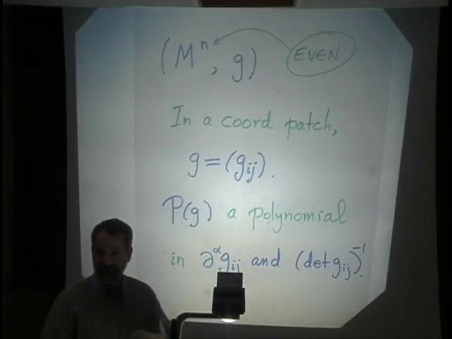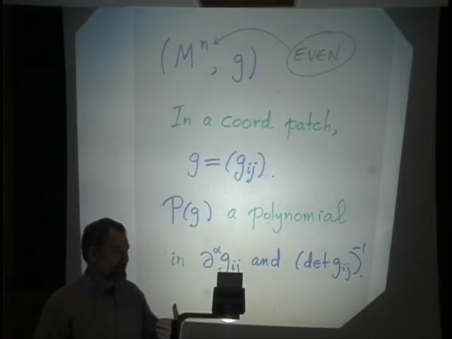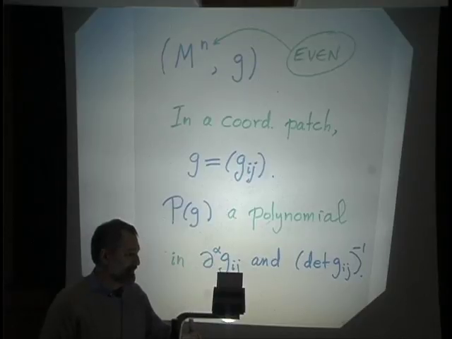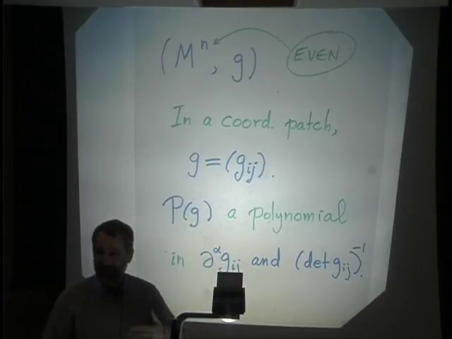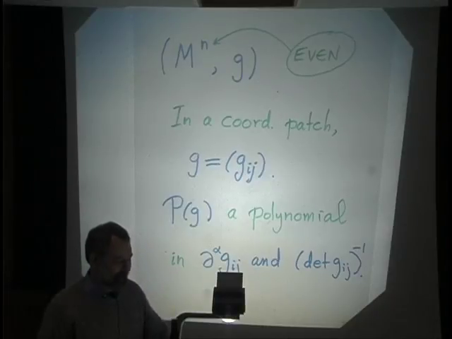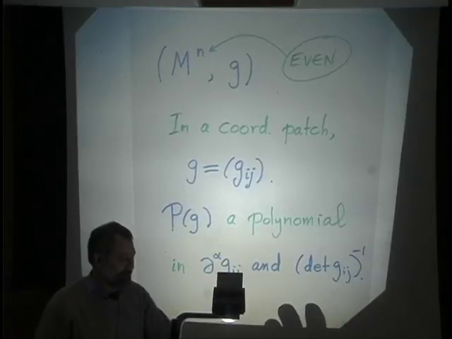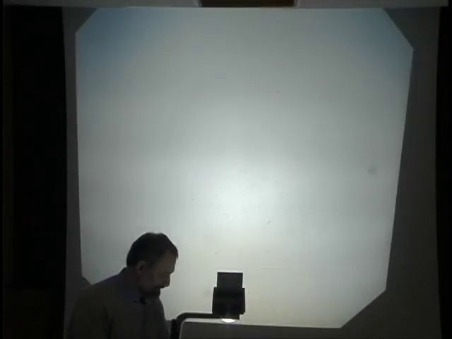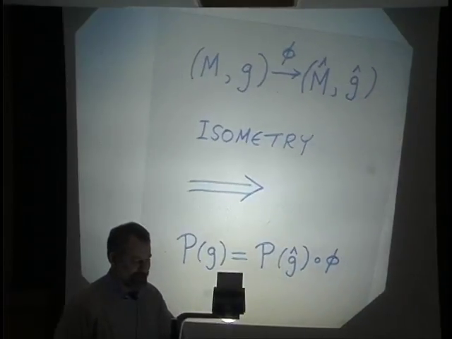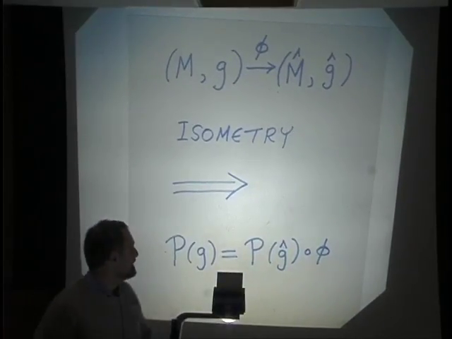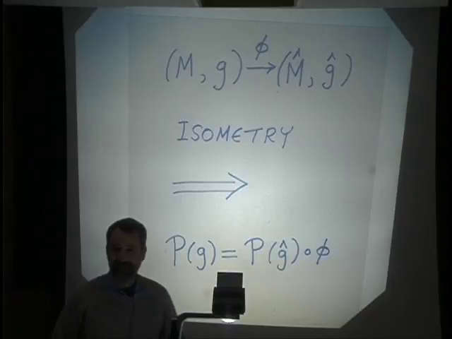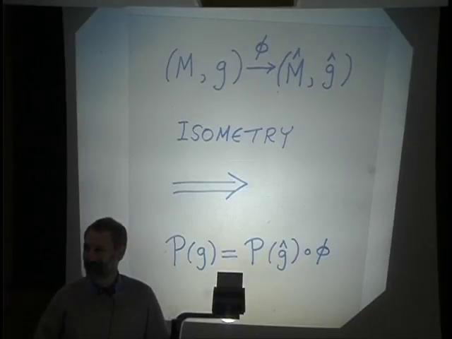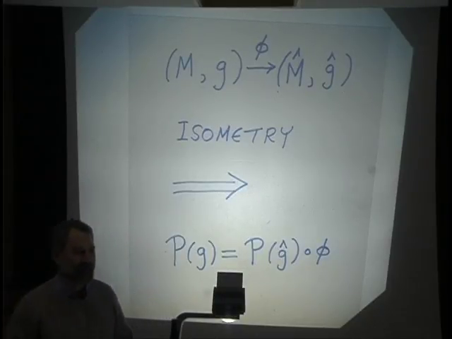So given a particular polynomial in these formal variables, then once you are supplied with a particular metric, you can look in a coordinate patch and evaluate p of g. Now, this will make no sense unless the quantity p of g is preserved by isometries in the sense of the transparency, which, thanks to much needed technical help, we can all now see.